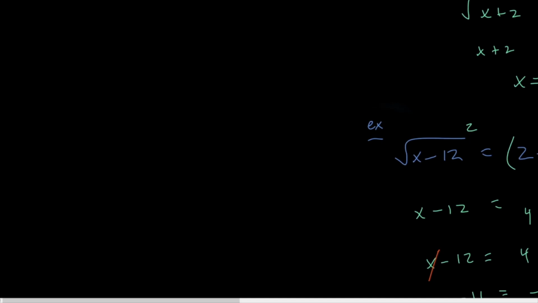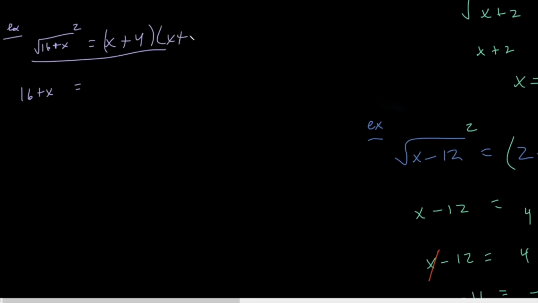Square root of 16 plus x equals x plus 4. Already isolated, so we're ready to square. So I get 16 plus x equals x squared plus 8x plus 16. These cancel out already.